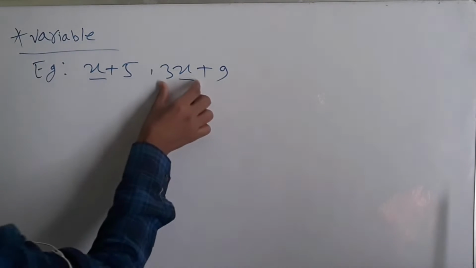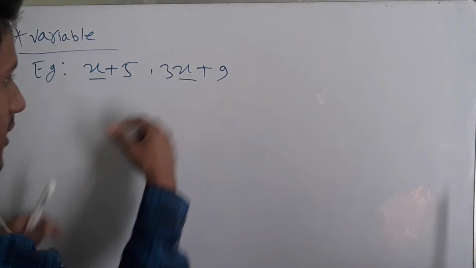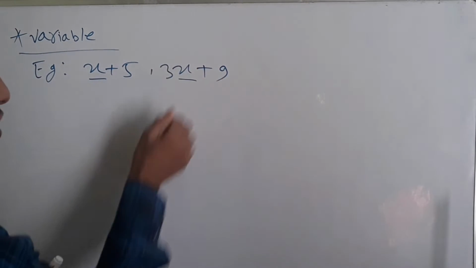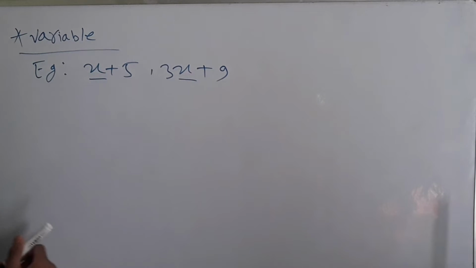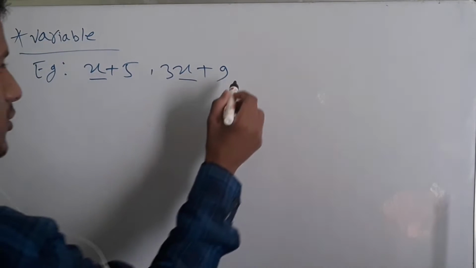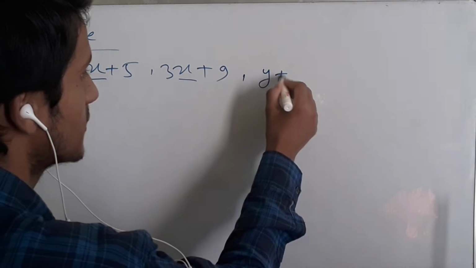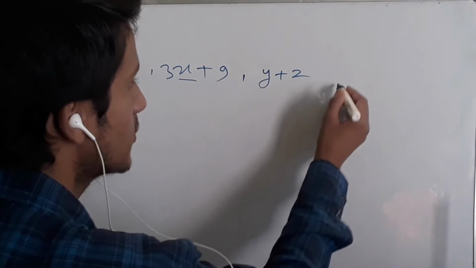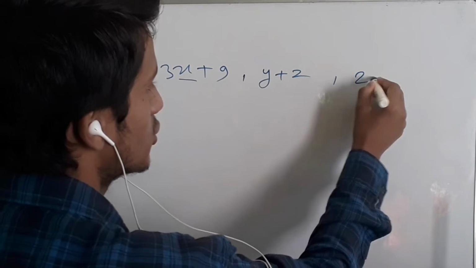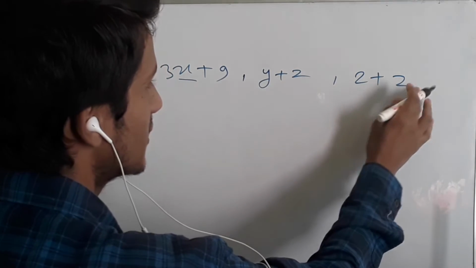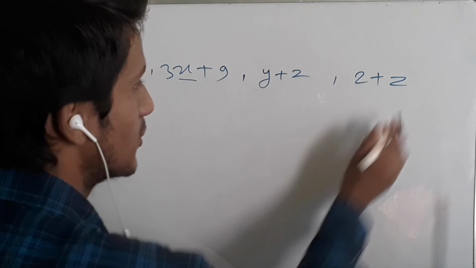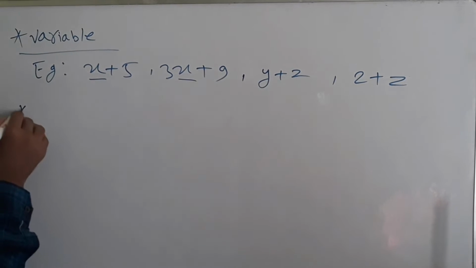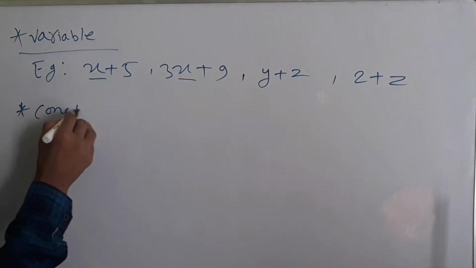This is the whole term, but only this part, the x, is the variable. You can have y plus z, in which both of them are variables. Another example might be 2 plus z, where z is the variable.